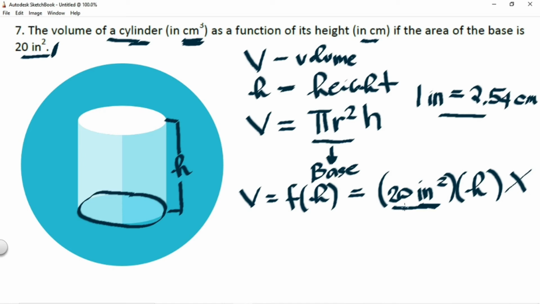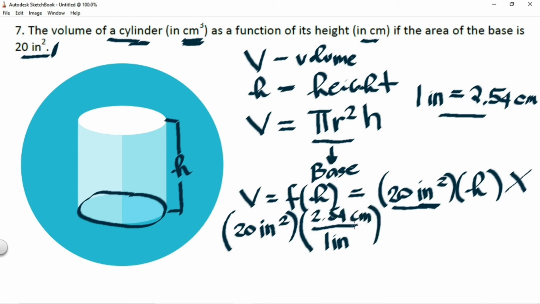Therefore, we must convert this 20 inch squared. So, 20 inch raised to 2 multiplied by a fraction, which is our conversion factor. 1 inch will be at the denominator, and then 2.54 centimeters will be at the numerator. Why? In order for this inch to be cancelled.